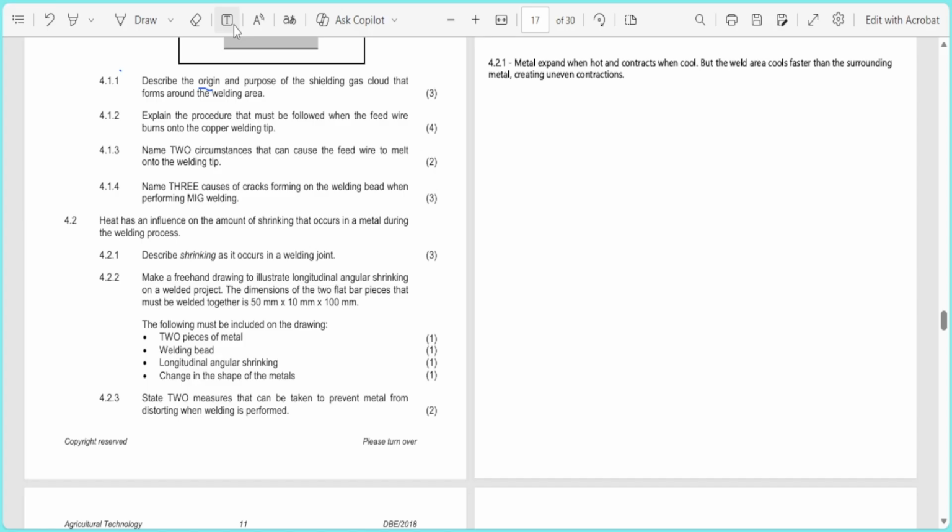Okay, so the key here is showing how 2 flat bars don't stay perfectly aligned after welding, which is sort of like a normal thing in the real world. So the angular shrinking means one end pulls up or down. It's not perfectly straight. Some parts are bended up or bended down, right?